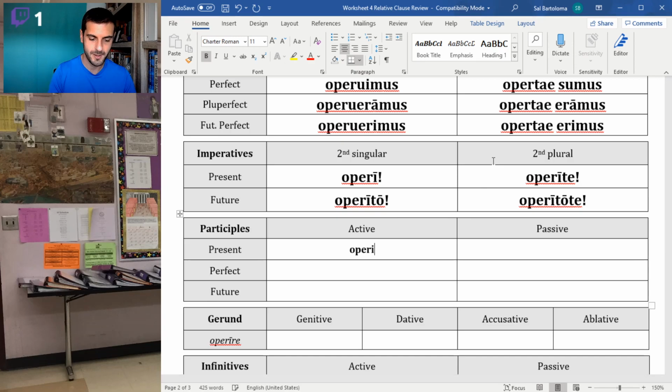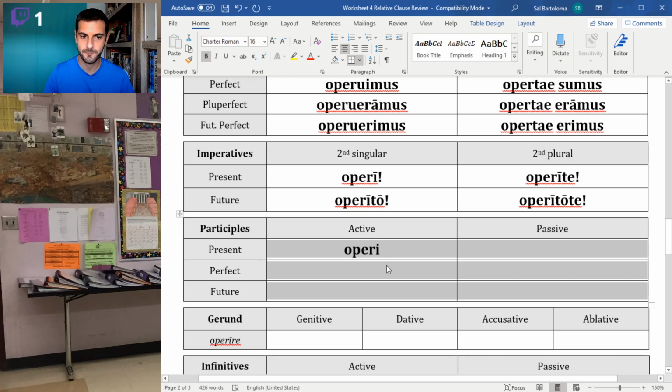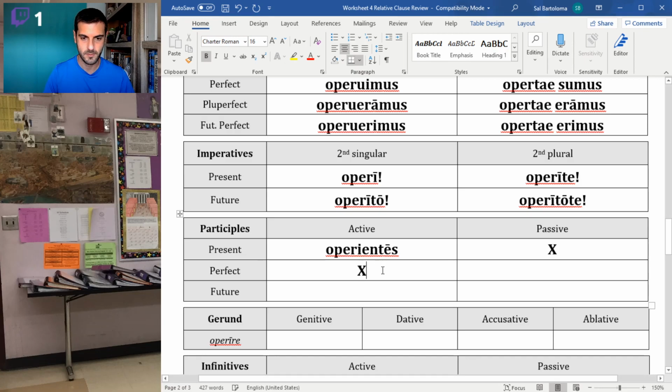Participles, we have operi. Keep forgetting to do this. Should just do it all at once. That's not a valid number. How about 16? There we go. So my participle, we have operientes. Nothing here. Nothing here. Those are people who are covering stuff.